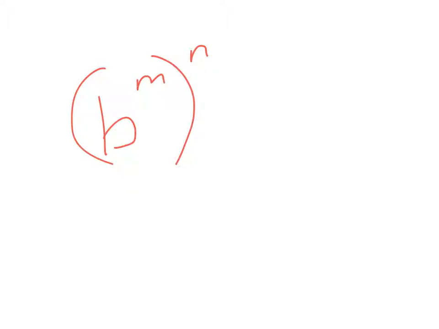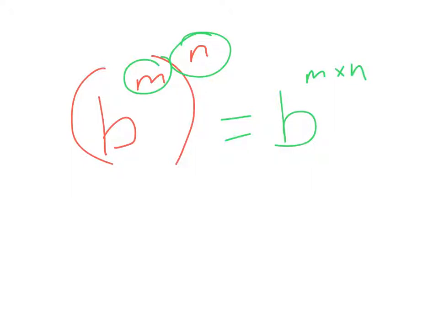That's why this works, and you're able to solve these quickly. Whenever that's happening, you can simply take that base, keep it the same, and multiply these two exponents here. So n times m to get that answer.